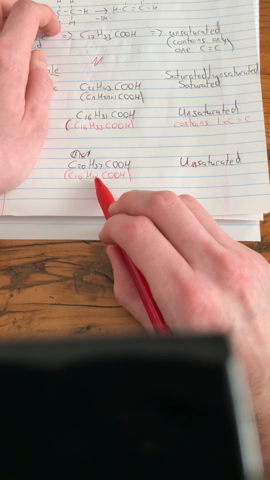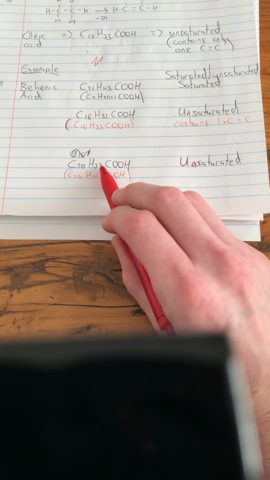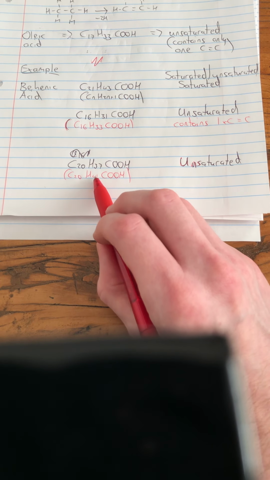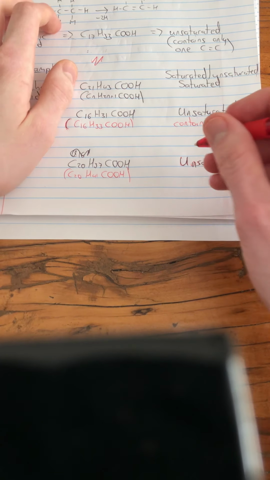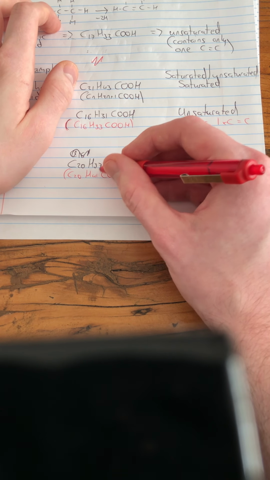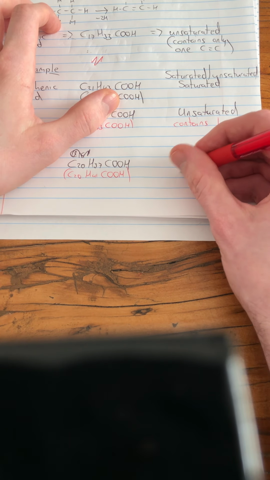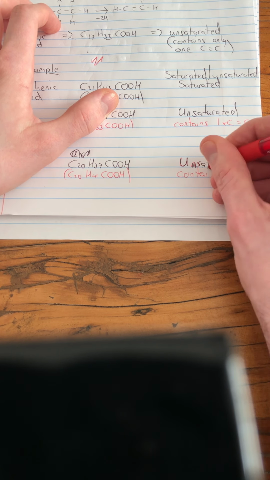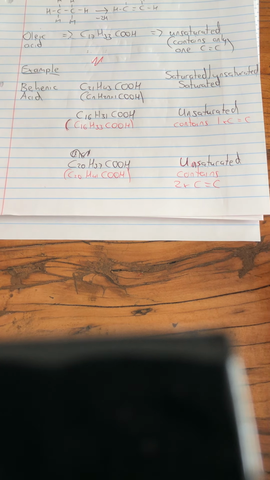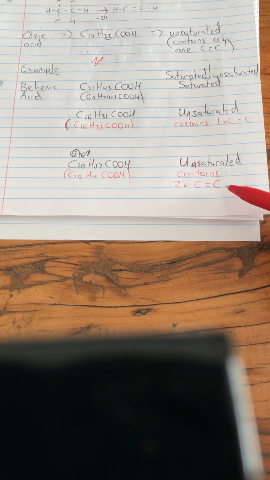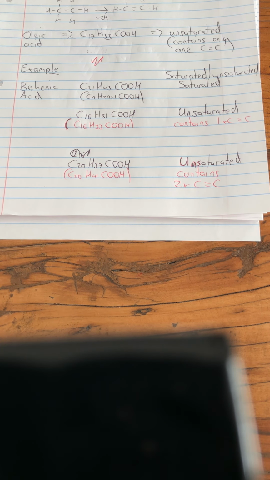It's less than the saturated formula, so it's unsaturated. Because there are 4 hydrogens less, this means it contains 2 carbon-to-carbon double bonds. So I hope that makes sense. Next lesson on Thursday, I'll put up a starter.